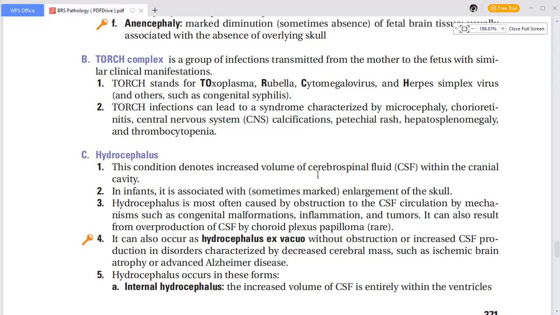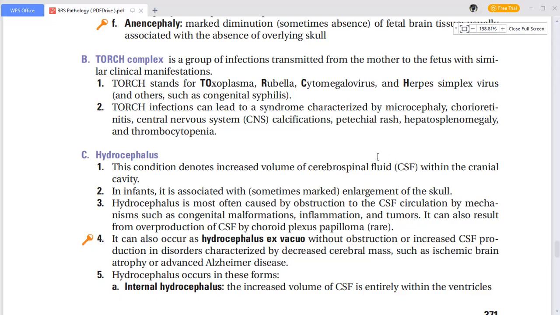From the third ventricle, the CSF moves to the fourth ventricle via the cerebral aqueduct of Sylvius. In the fourth ventricle, we have three important openings: the foramina of Luschka at the two lateral aspects, and the foramen of Magendie at the center.